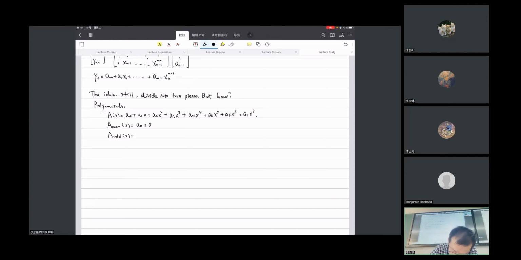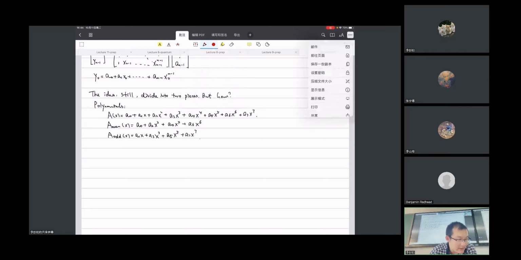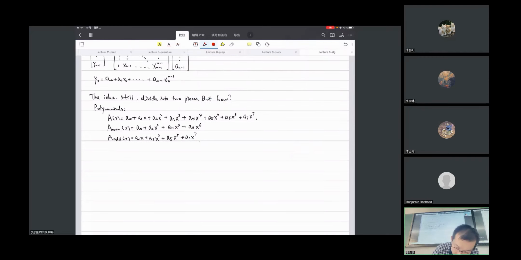So basically, we have a0 plus a2 x squared plus a4 times x to the 4 plus a6 times x to the 6. And similarly for the odd terms, we can consider just like this. So the strategy here, you can see the point is that we basically want to break the polynomial up into the even and odd parts.